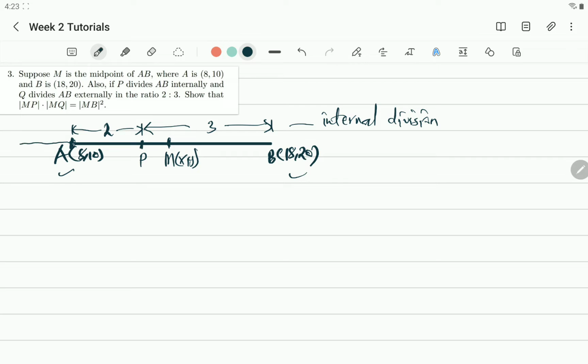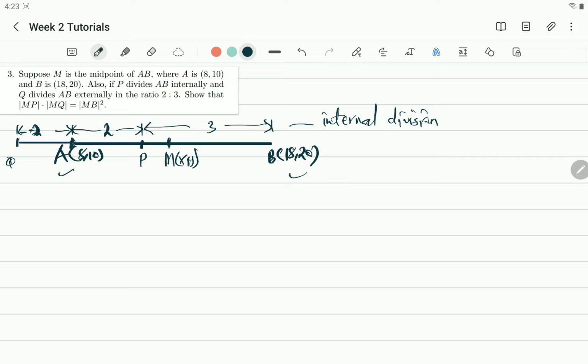So I extend this to the left hand side like this, and I will call it Q. This distance from A to Q is also 2, but it goes in the opposite direction as the first one, so it is basically a negative ratio. Remember, that is why we always negate one of them.